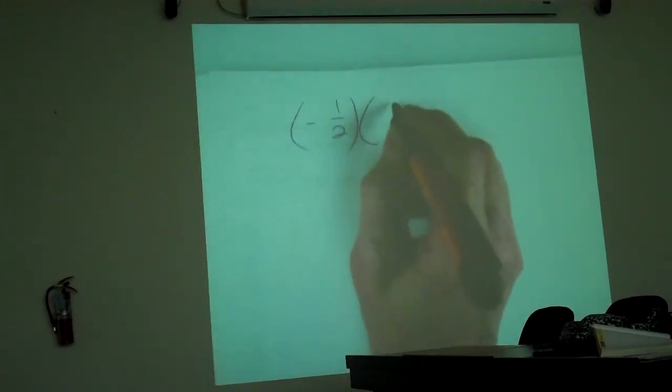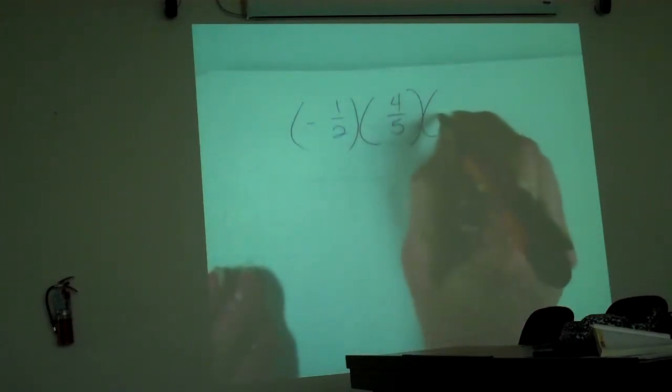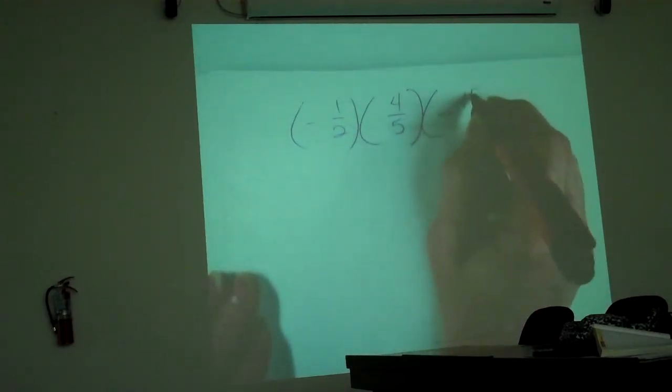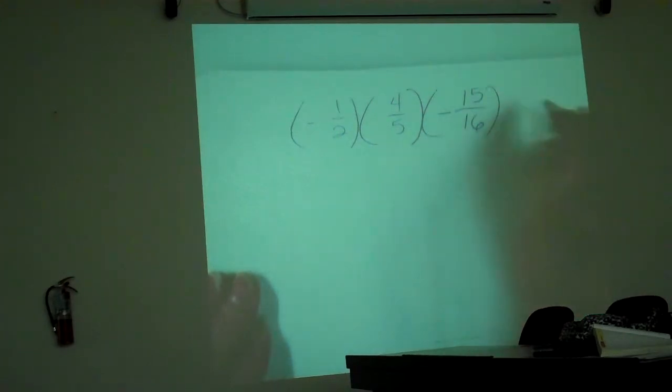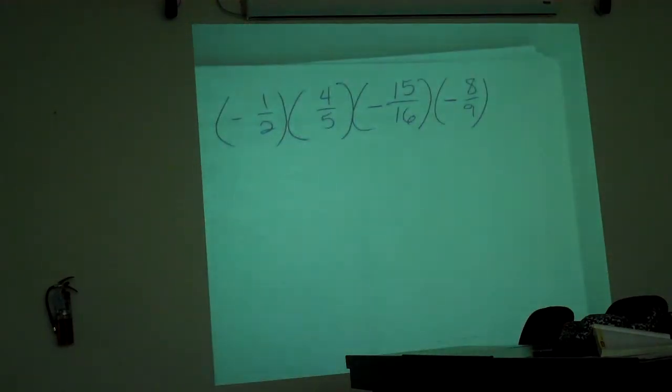Okay, what if we have fractions that we're multiplying? Let's do negative 1/2 times 4/5 times negative 15/16 times negative 8/9. Do you want to multiply all the top numbers and then multiply all the bottom?